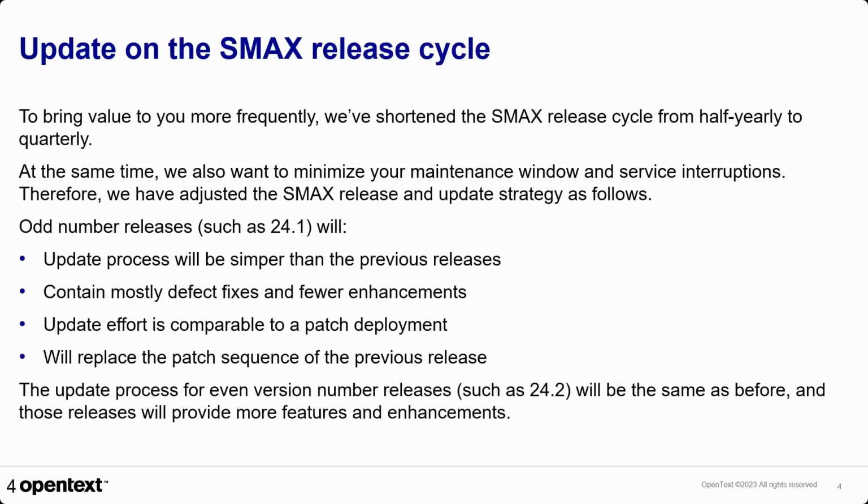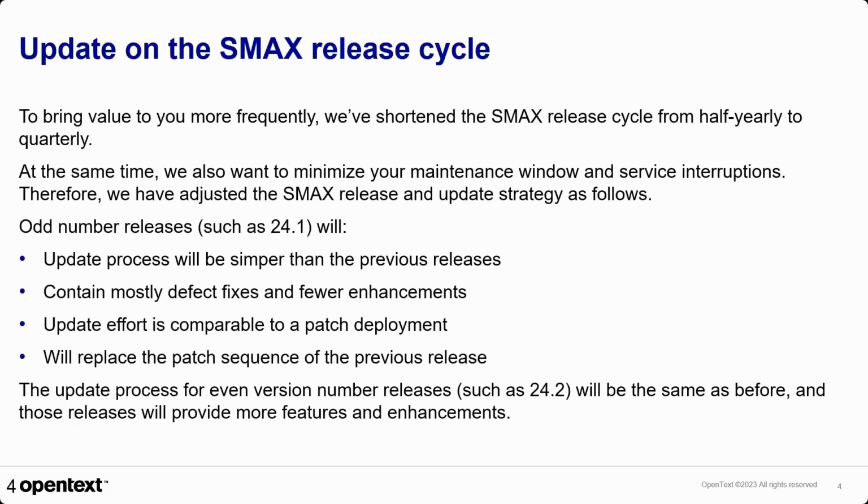To begin with, just as a reminder for those of you who may not have had a chance to watch the 24.1 release readiness that we did in January, we are now moving to a quarterly release cycle with SMAX. So what does that mean? Every quarter, and we've actually shifted 1 month earlier than what we were doing before. This is to align with the way OpenText releases and has their strategies.